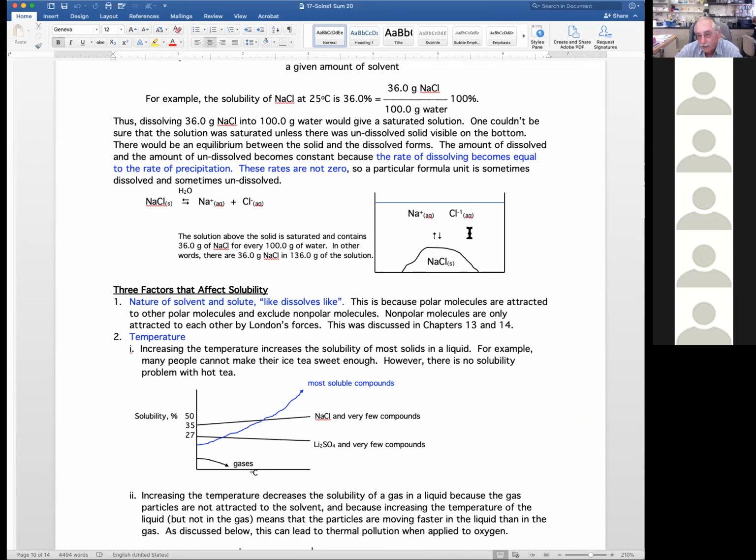But that does not mean that precipitation and dissolving are not happening. They are happening. And this is a situation of equilibrium. So if you got 20 people in a room, and every minute one person walks out but another person walks in, you still got 20 people in the room. But it's not static, it's dynamic, constantly changing.